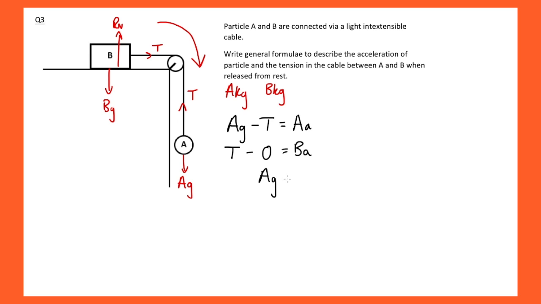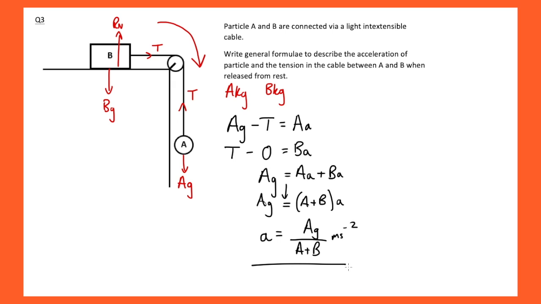So let's do the same. We have AG on this side, and on this side we have A plus BA. Now, to rearrange it, let's make our life easier. Let's make it brackets A plus B, little a equals AG. So I have the acceleration, A, equals AG over A plus B.